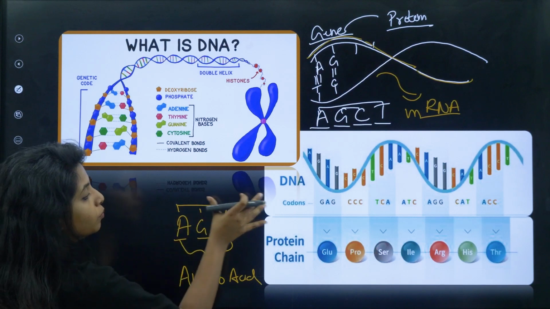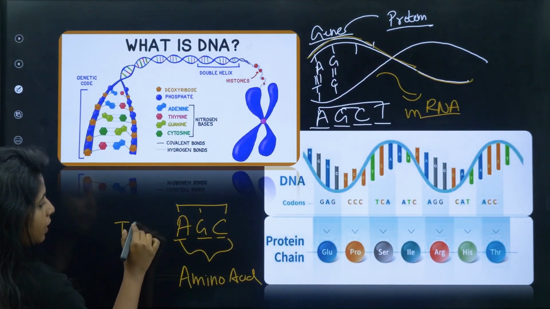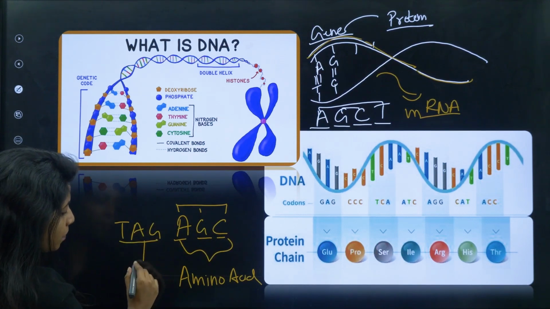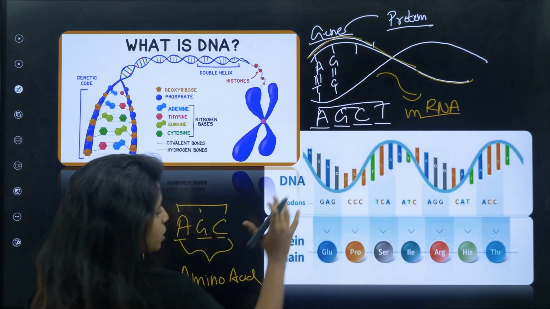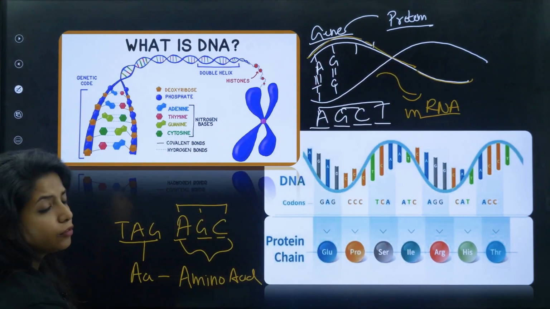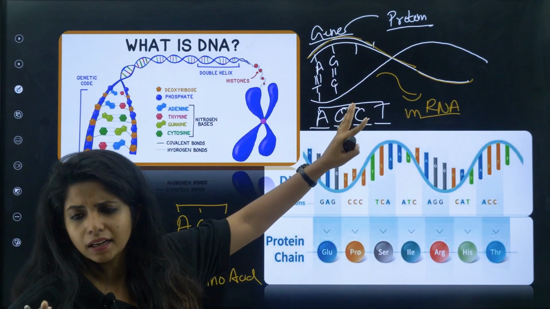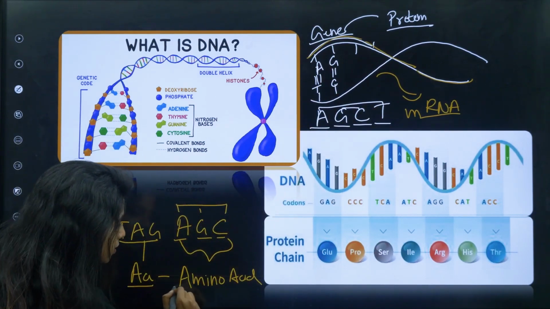Similarly, you might have much more of things like that, for example T, A, G, or any random code you just imagine. Again, one amino acid. Similarly, our DNA will be responsible for coding for so many amino acids. Not directly but indirectly with the help of RNA. Okay, so there are amino acids.